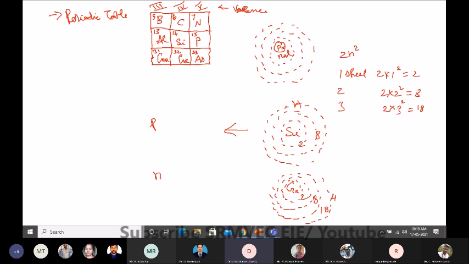When silicon combines with any pentavalent element, the outermost valence will be 5. So 4 will be shared to form the covalent bonds, and 1 will be in excess. This forms an excess of electrons, so n-type.